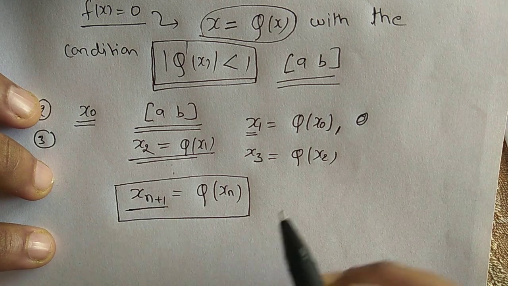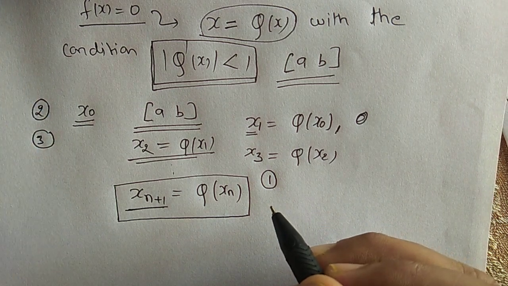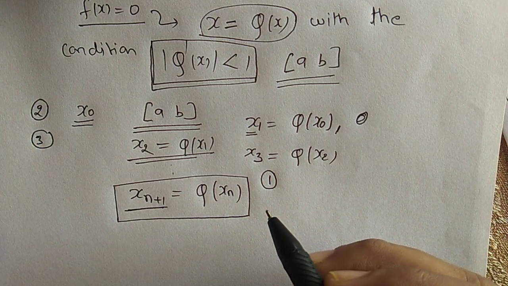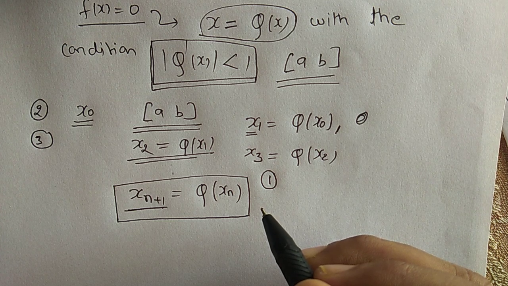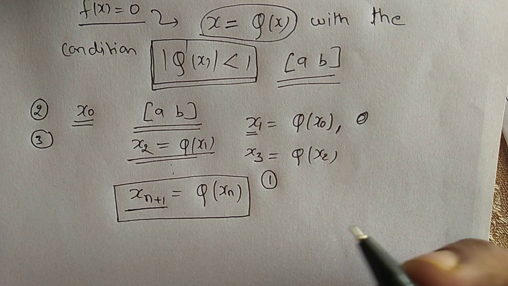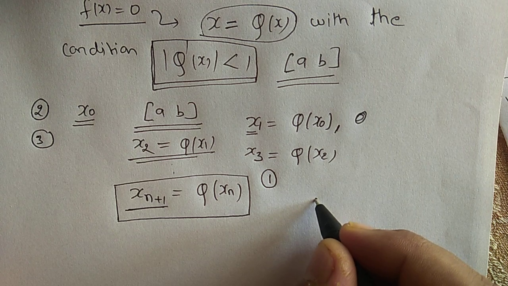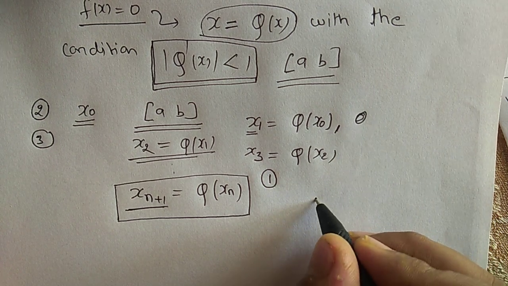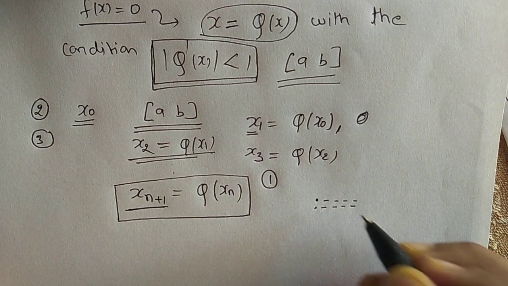Now when are we going to stop the iteration? There are two points. One point is the number of iterations. If you are going to fix the number of iterations, like find the solution up to 5 iterations or 10 iterations, we will stop at the 10th iteration. The second is accuracy. When we have to find the accuracy up to 3 decimals or 4 decimals, we keep on doing this procedure until the 4 digits after the decimal are the same for 2 iterations.